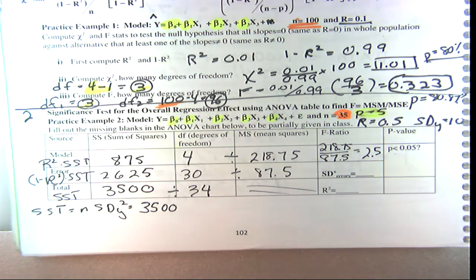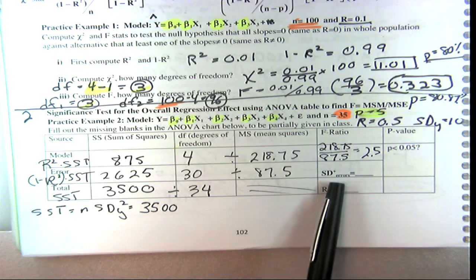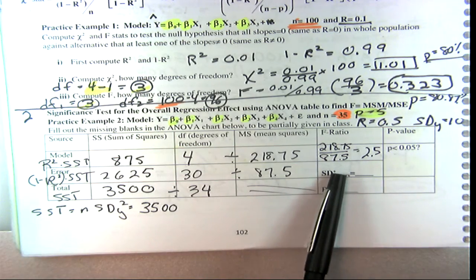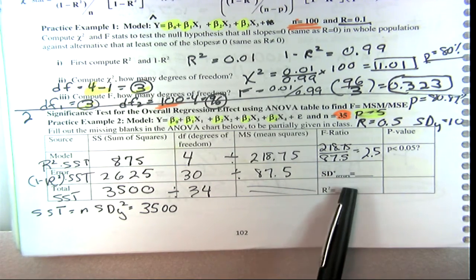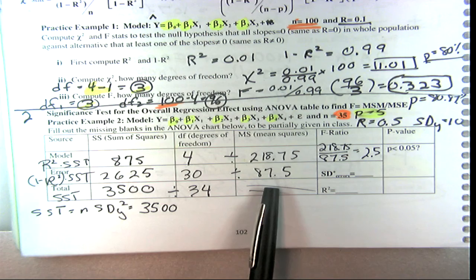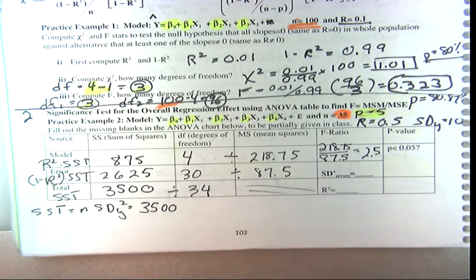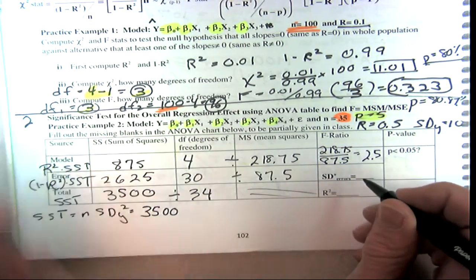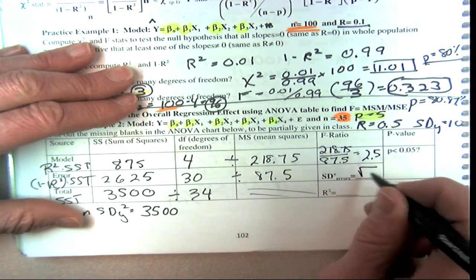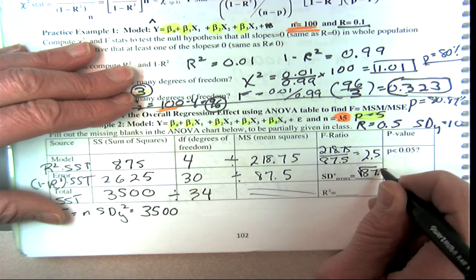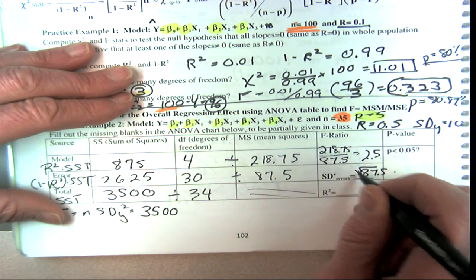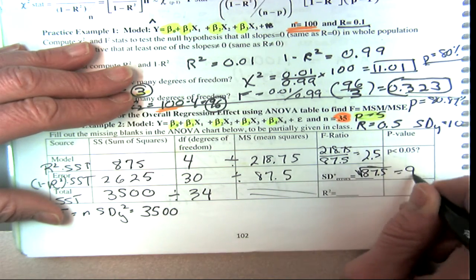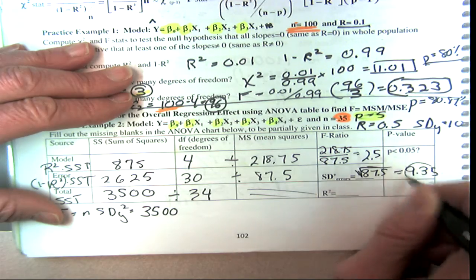Any questions on that? All right, so the standard deviation of the errors is a measure of the size of the errors around your model. So it's just going to be the square root of that right there. That's the square root of 87.5, which is 9.35.